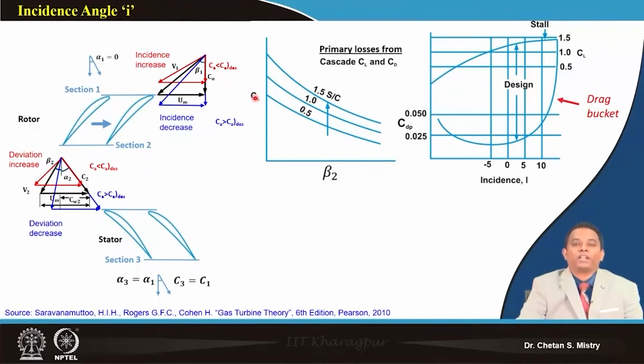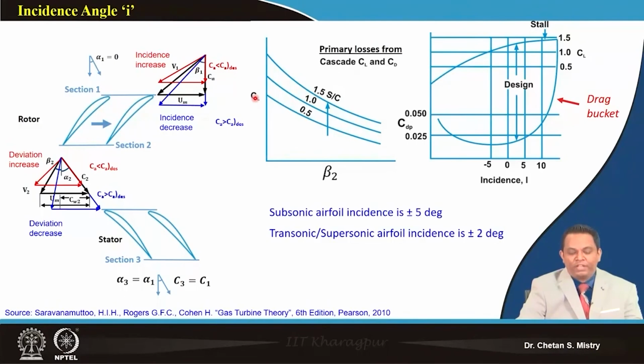Okay, so what it says is, when we are having subsonic aerofoils, my incidence can be varied from plus 5 to minus 5 degree. When we are having transonic or supersonic aerofoils, my incidence is plus or minus 2 degree.